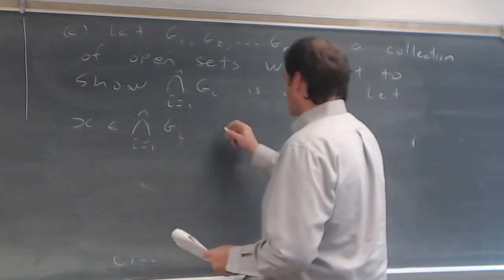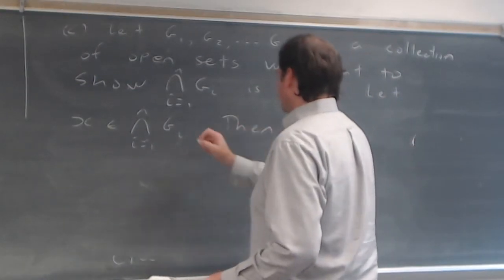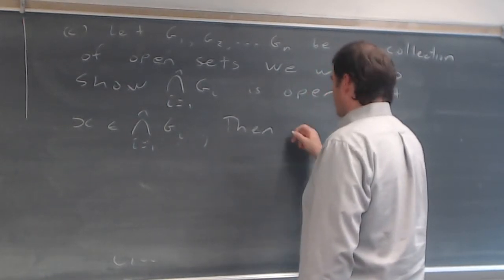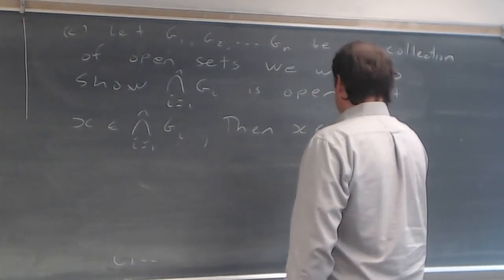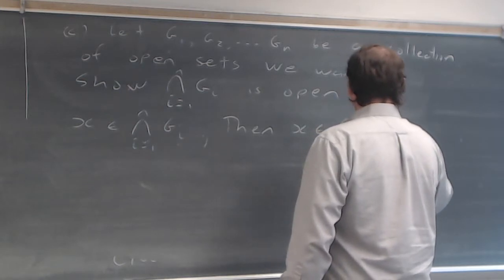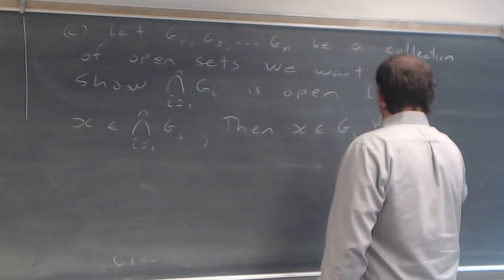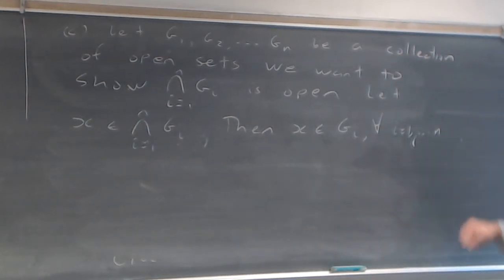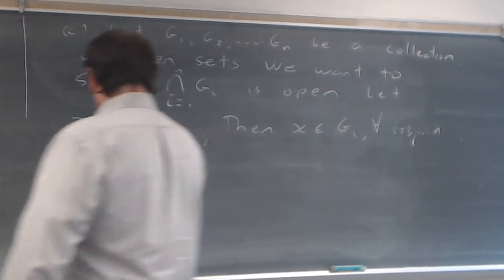Then, what does it mean to be in the intersection? It means that it's an element of each set. So then X is an element of G sub I, and that's true for all I equal 1, 2, 3, all the way up to n. Okay.